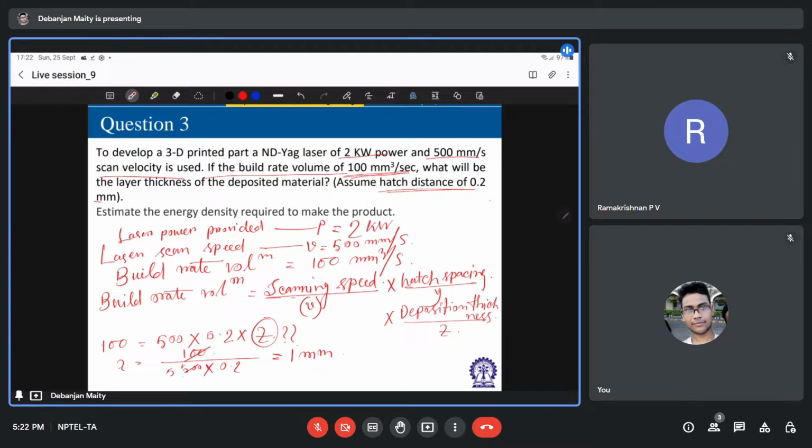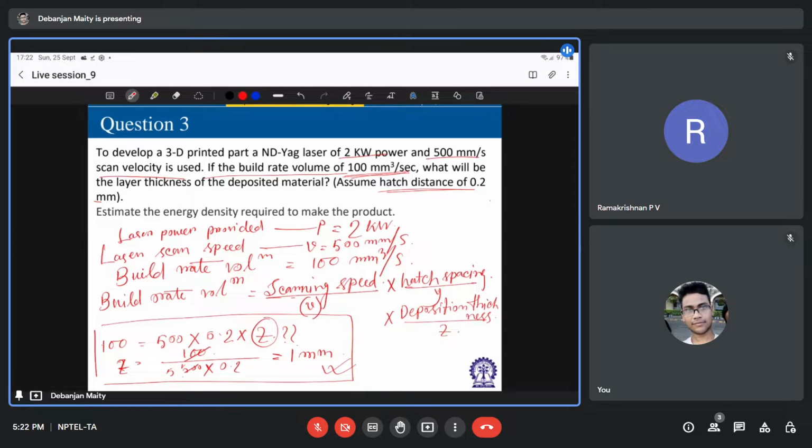That's why I kept it in 100 only. So it's coming a very good number, and fine. So we are getting some deposition thickness of 1.